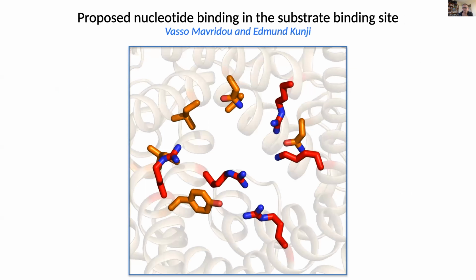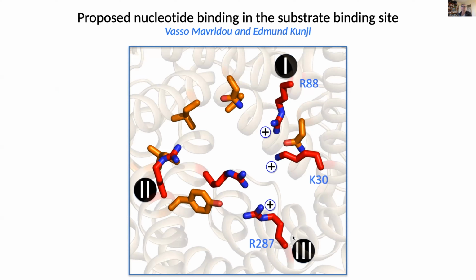Okay, so how can we explain it? This shows a close-up of all the residues we've identified to be important for substrate binding. And what we proposed already in 2006 is what we call three contact points on helices 2, 4, and 6, which are the major way that the protein interacts with the substrate.